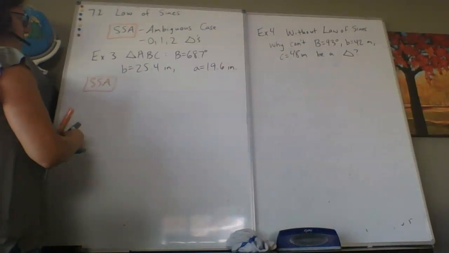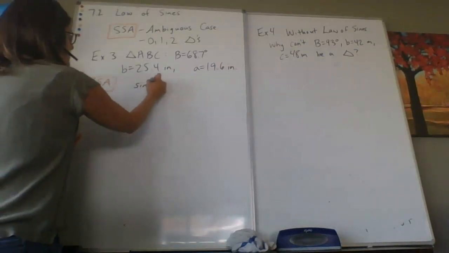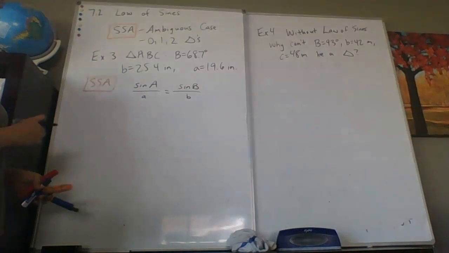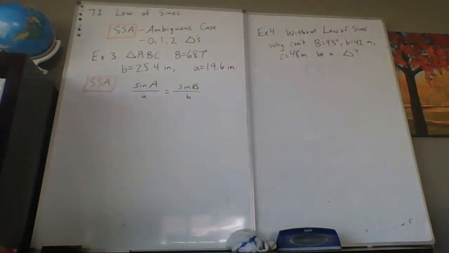Let's start by finding sine of A. Using the law of sines, we have sine of A over A equals sine of B over B. Plugging in the numbers, we get sine of A over 19.6 equals sine of 68.7 over 25.4.